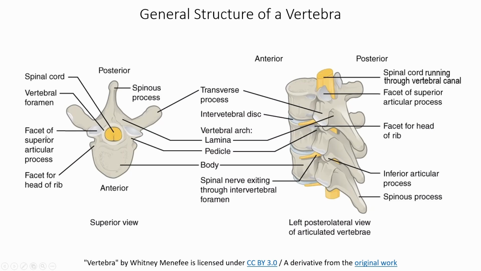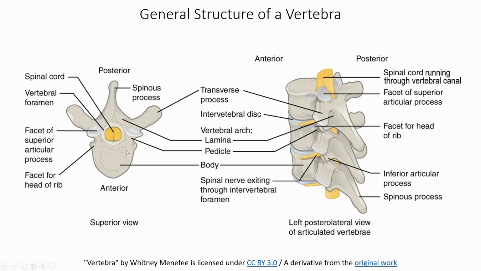We have 2 different areas where we can potentially connect with ribs if we're a thoracic vertebra, which we'll talk about when we get there, but we also have to connect to the other vertebra. So we have the superior articular process up on the top. That's going to be the part that sticks out to connect to the vertebra that comes above it. And then there's also an inferior articular process that is going to be used to connect to the vertebra below it.